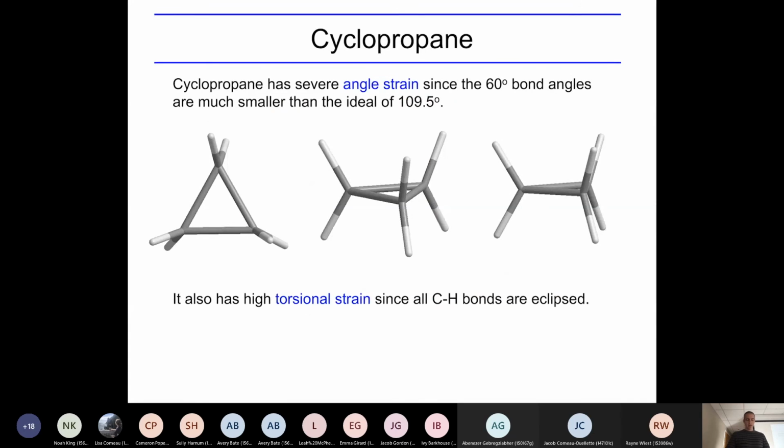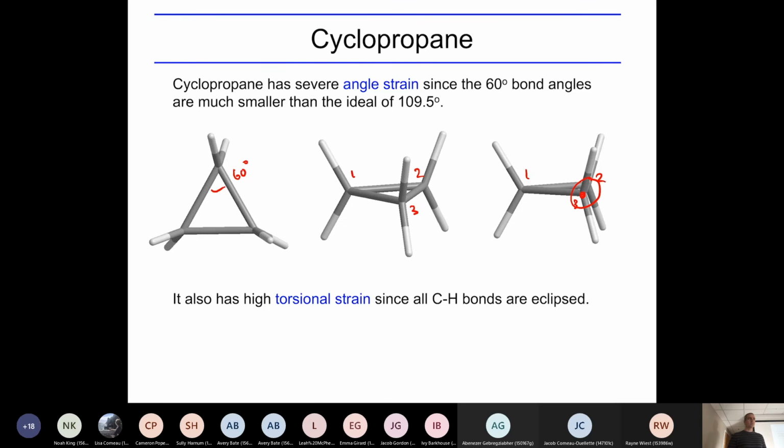So cyclopropane looks like this. Cyclopropane doesn't have a lot of choice, right? It's got 60 degrees, really bad angle strain. Also, if you look down any 2 carbons, like if we call this carbon 1, 2, 3, rotate it just a little bit, so that you're looking, the back one, carbon 3, is the front one.